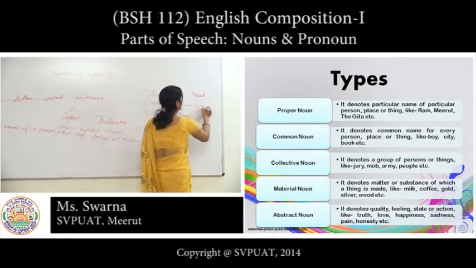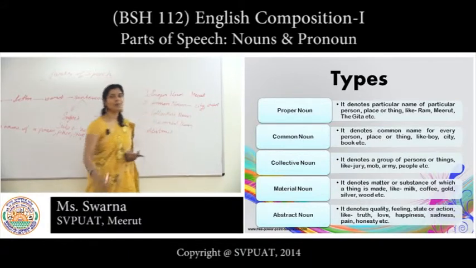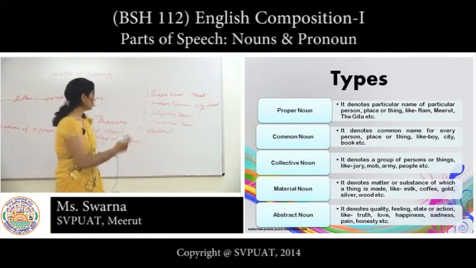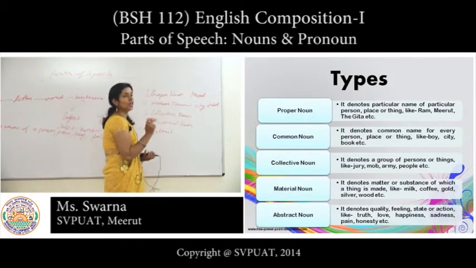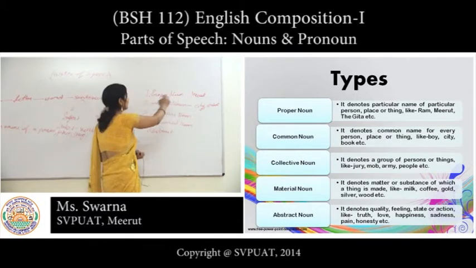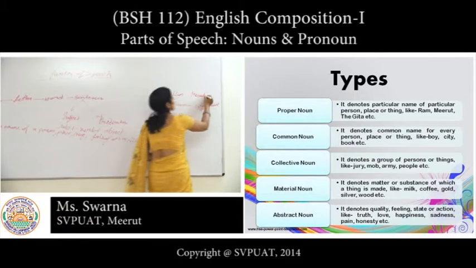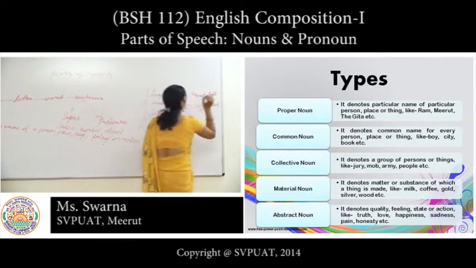Then if we write student, it's a common name for a person, so it's under the category of common noun. And if we write down the name of that particular student, it is under the category of proper noun, like Mohit.